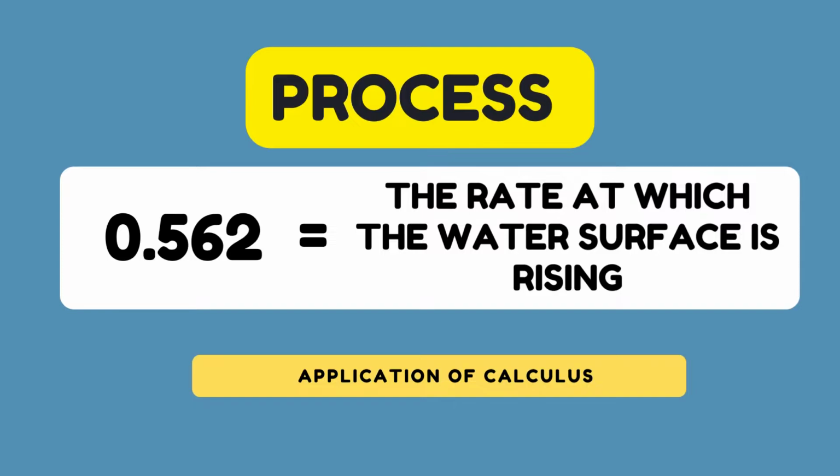Let me correct that. The rate at which the water surface is rising is 0.562 feet per minute. Now, we are asked to find the diameter of the water tank.